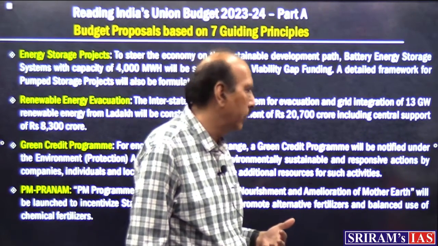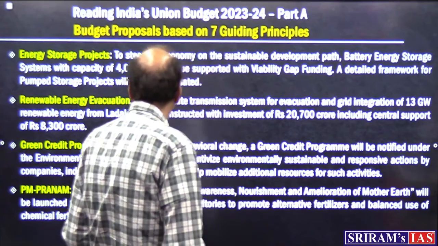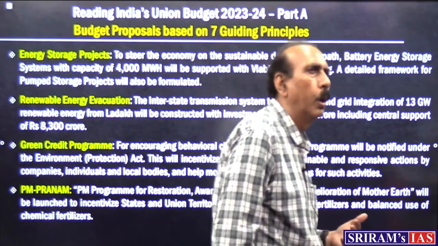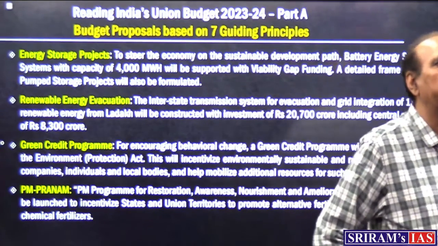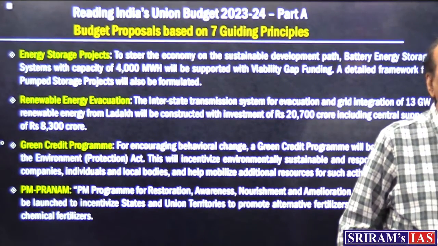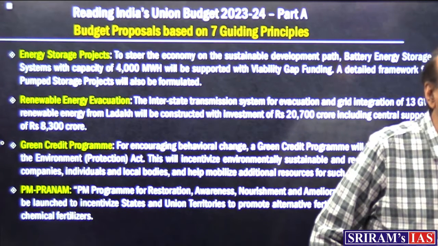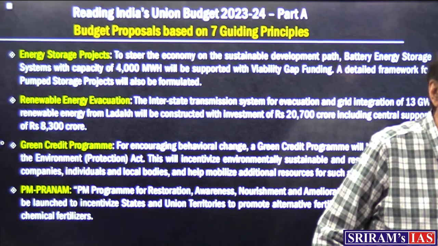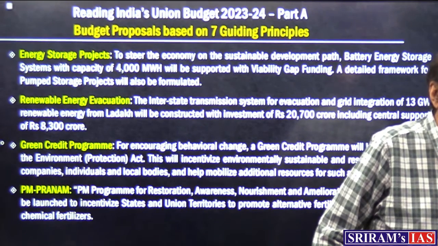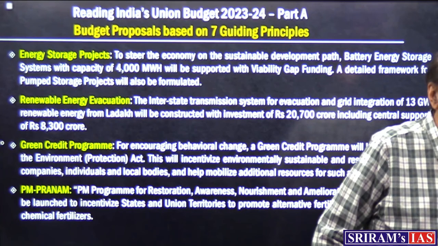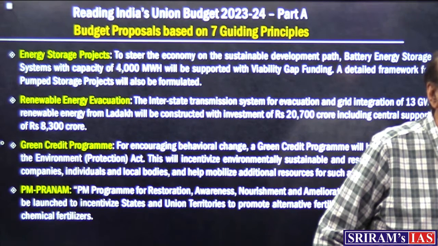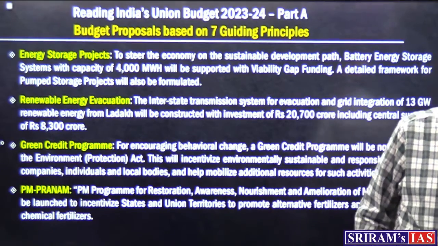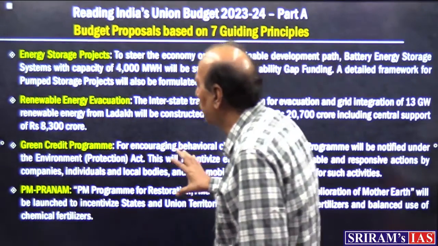These have to be replaced over a period of time, only then shall we be able to reduce our net carbon emission intensity to zero by 2070. Otherwise, it will not be possible. That's why the government has made it a very important program under the first budget of the Amrit Kaal, and the focus area is green growth.